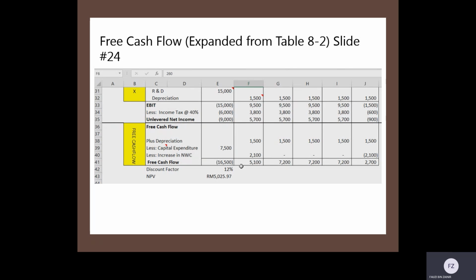Because here it says minus, and since this is also minus, basically we are recovering. So these are the allocation of funds.